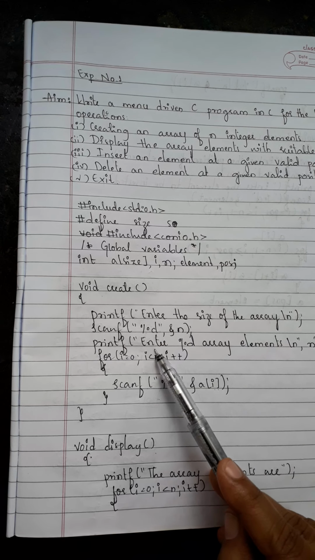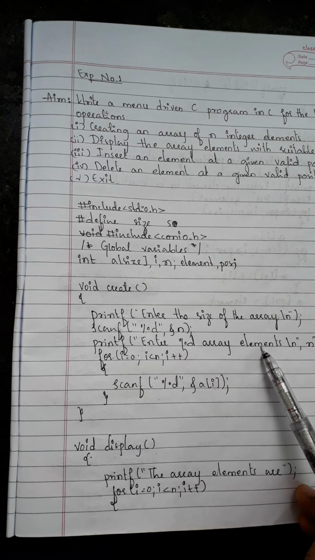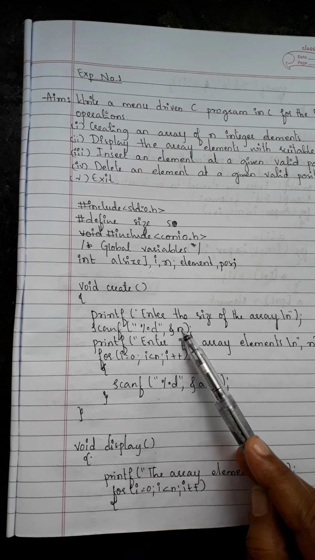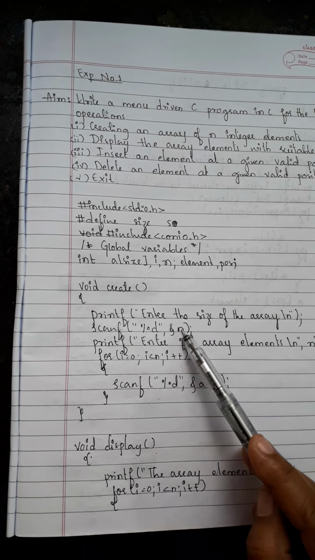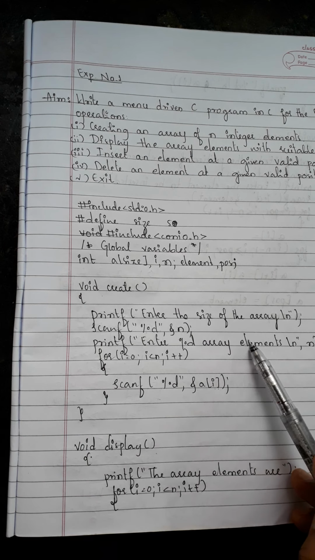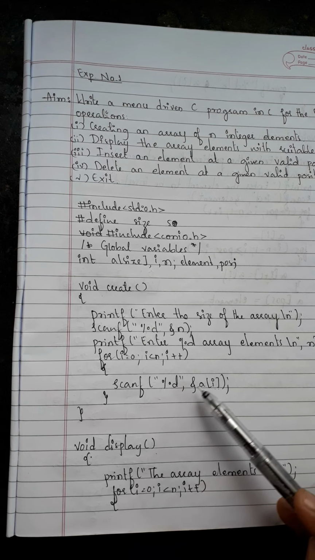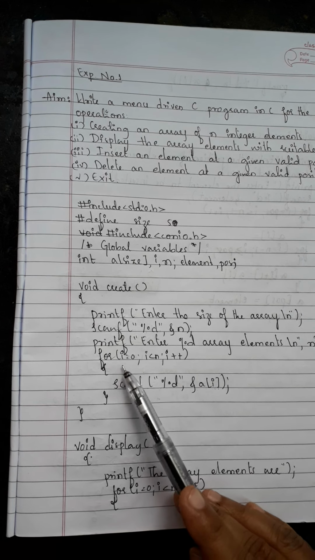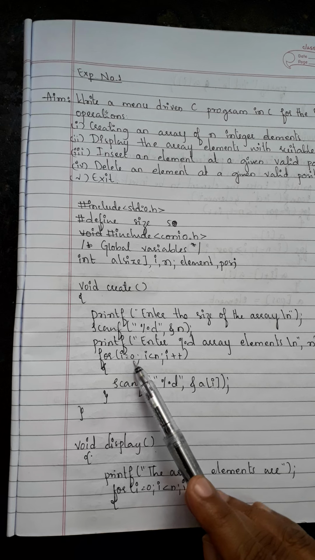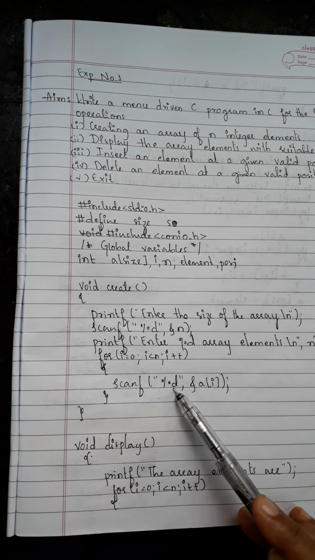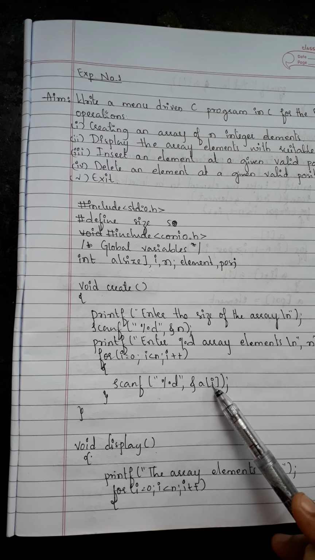Then we are saying enter %d array elements, that is n elements, whatever size you have entered. Those many elements are entered through the keyboard, and whatever you enter should be stored into the array. So we are using a for loop with indexing starting from 0, i less than n, i plus plus, scanf %d ampersand a[i].